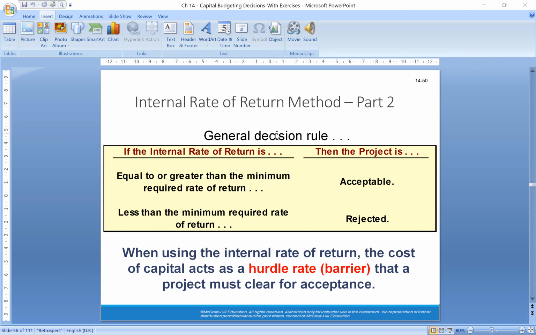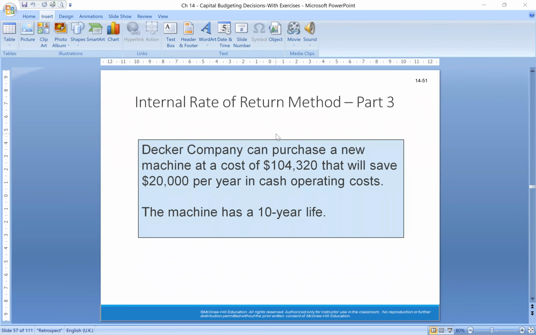Again, the general rule, if we have a minimum required rate of return, if we have this amount or percentage, then we will accept, otherwise we will reject. Decker Company can purchase a new machine at a cost of $104,320.